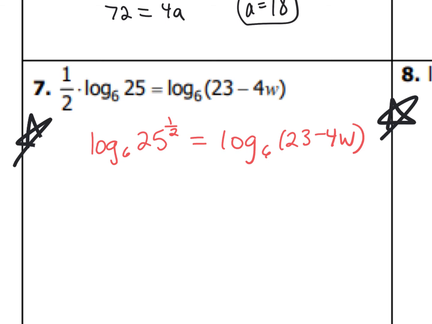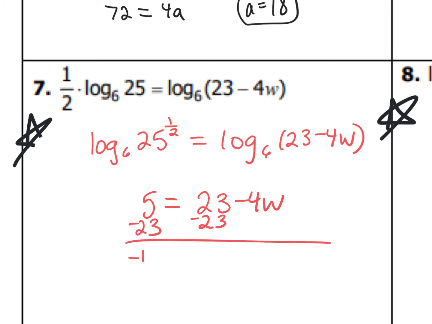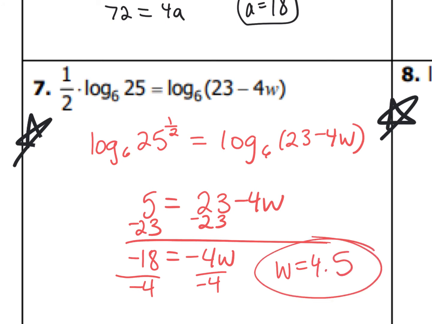Yep, 25 to the 1/2 is what? 5. Same thing as square root of 25, right? So 5 equals 23 minus 4w. Subtract 23. W equals 4.5. Raise your hand if you got 4.5.